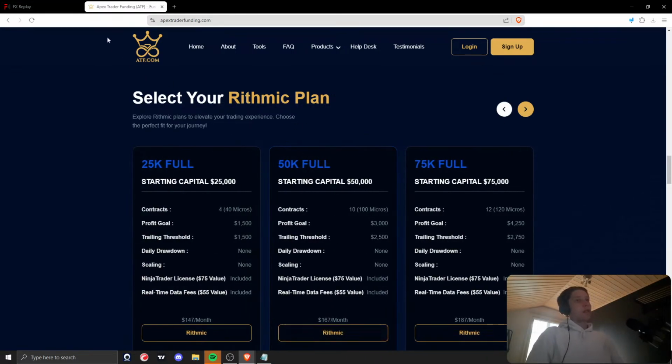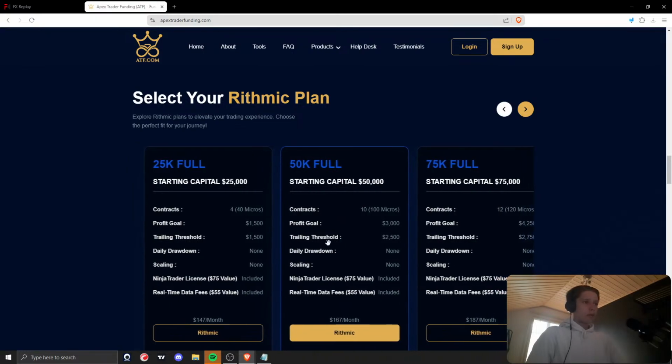Meaning if you're $2,500 up in a trade and you don't take profits, you just let it run to your break-even stops, you will be failing this account. So that's kind of the trailing thing.